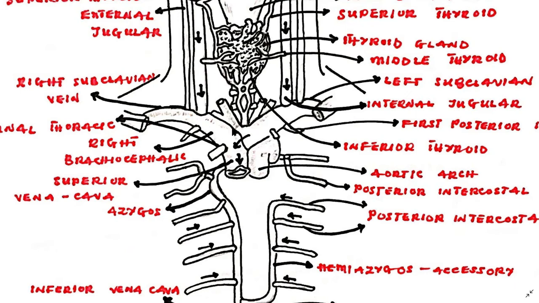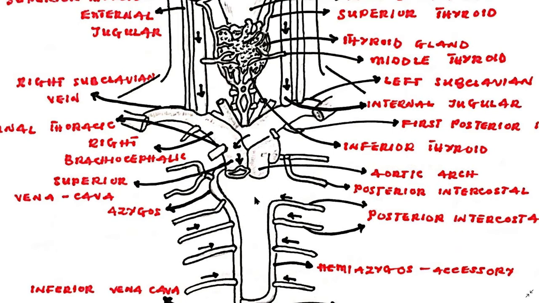It passes vertically downwards behind the first intercostal space and receives the azygos vein. After receiving the azygos vein, it pierces the fibrous pericardium and then connects with the sinus venarum of the right atrium of the heart.